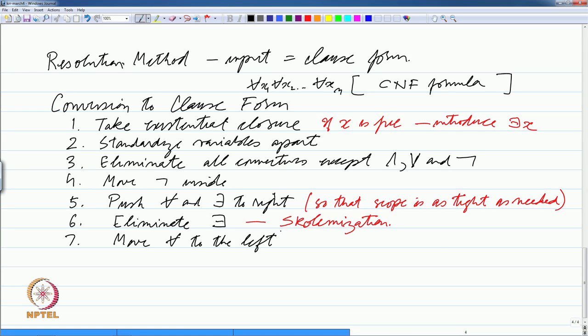Now that you have eliminated the existential quantifiers, you can bring all the universal quantifier signs outside without changing the meaning of the formula essentially. Since we want it to be in a CNF form, we need to distribute and over or.